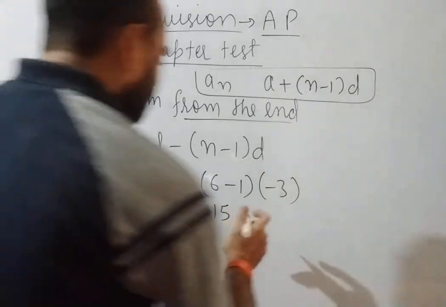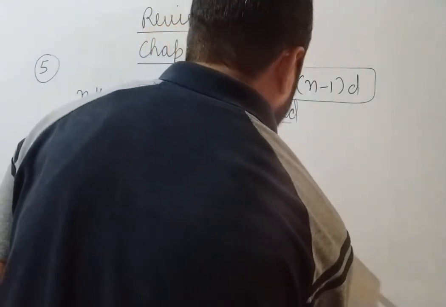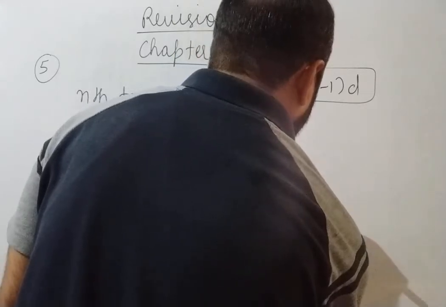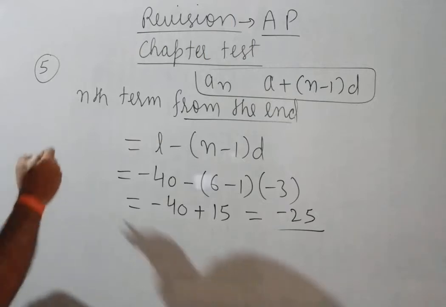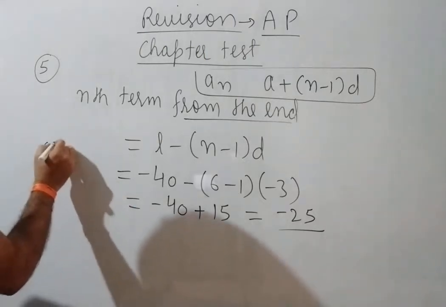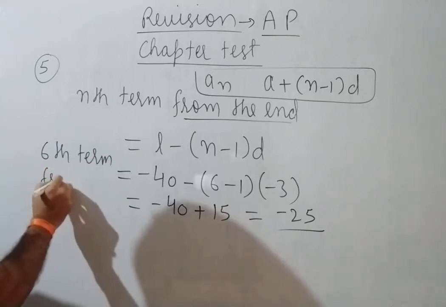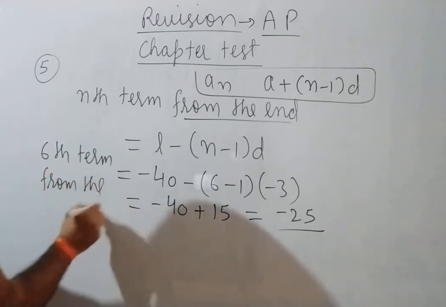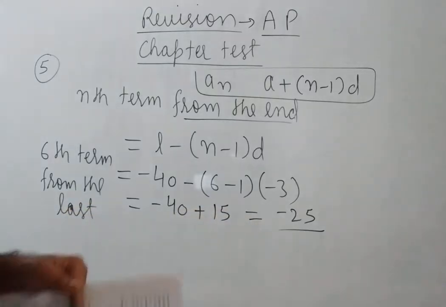So this will give minus 25. So this is the sixth term from the last, or from the end, of the AP. Correct? So this was the answer.